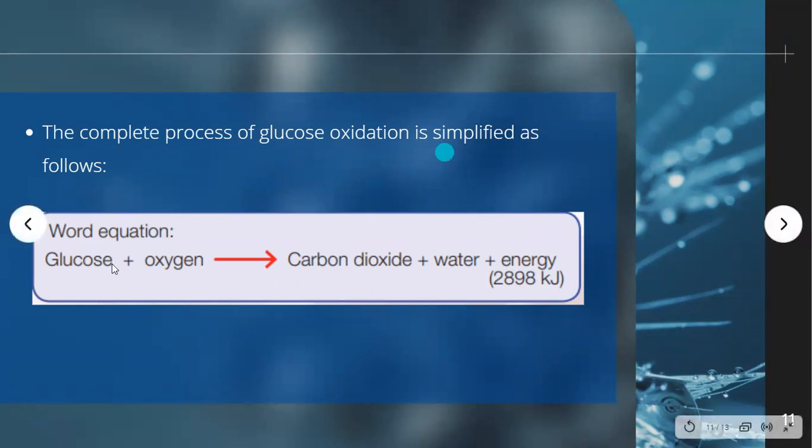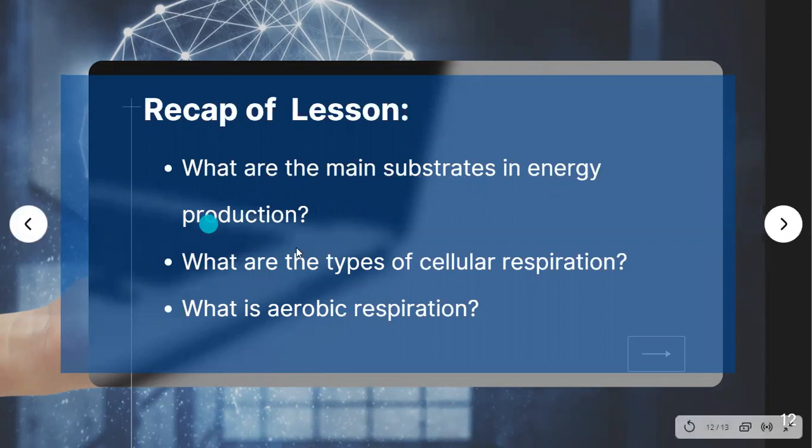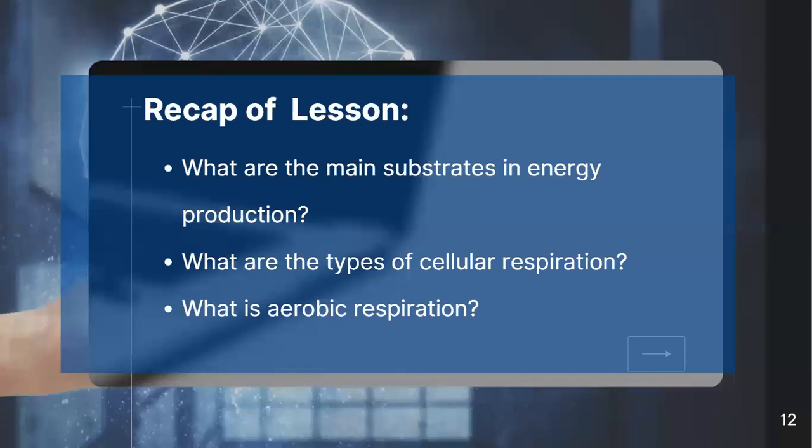So this whole process is known as aerobic respiration, which consists of two processes, glycolysis and oxidation of pyruvate. Let's recap a little bit before we end this video. First, we talked about the main substrate in energy production, which is glucose, and glucose undergoes the process called glycolysis. The types of cellular respiration for the syllabus are aerobic, the one with oxygen, and anaerobic respiration, the one without oxygen.